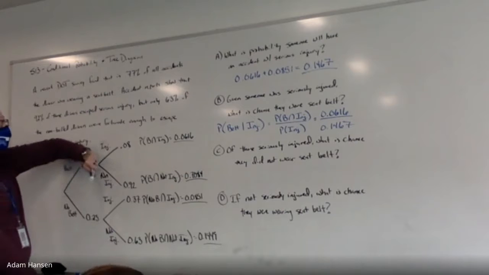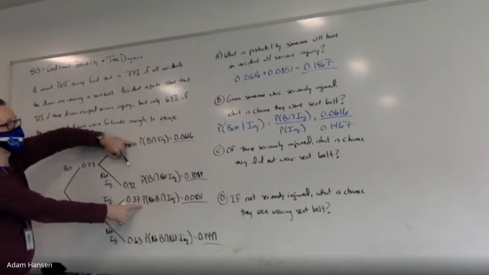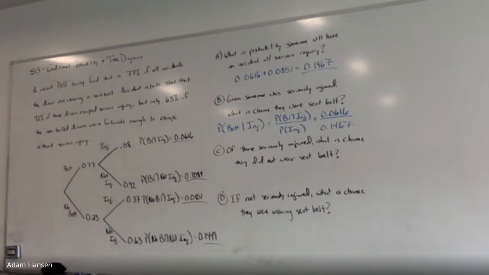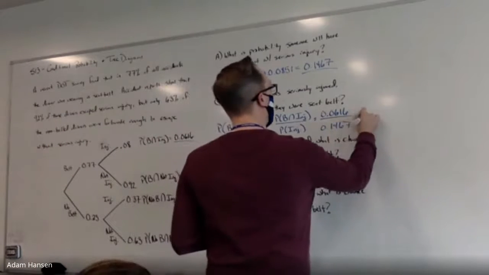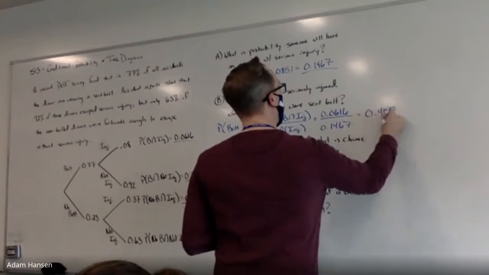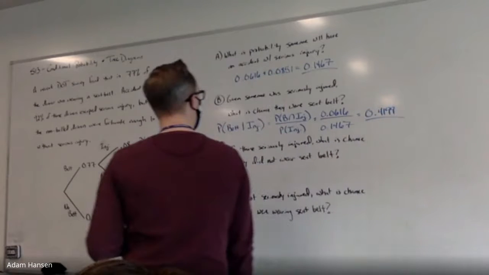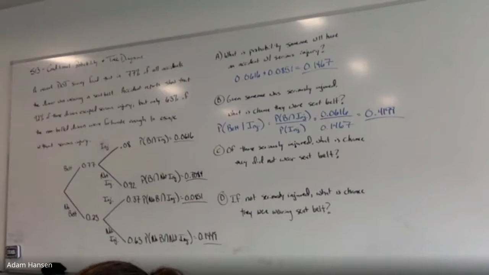Basically, I'm taking 6.16% divided by 6.16% plus 8.51%. Let's see, what is that? 0.4199. If you were in a car accident and seriously injured, there's about a 42% chance that you were wearing a belt.